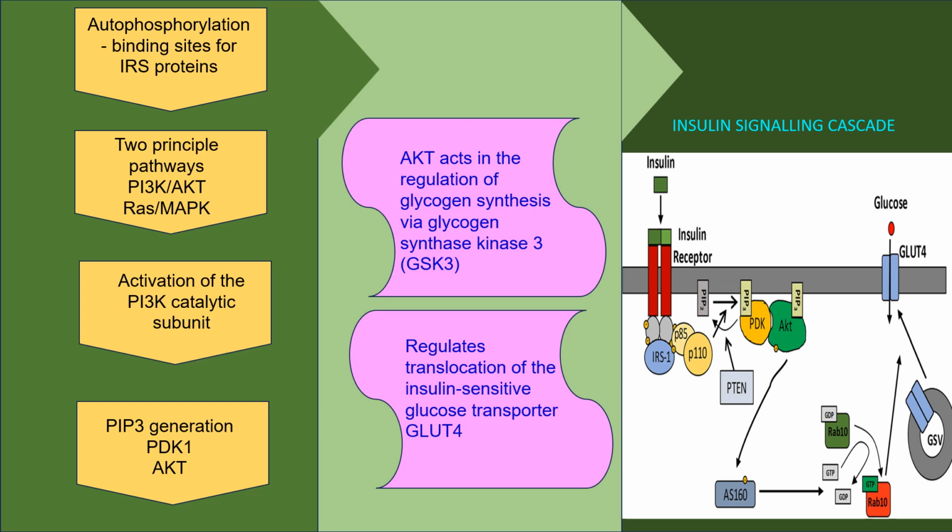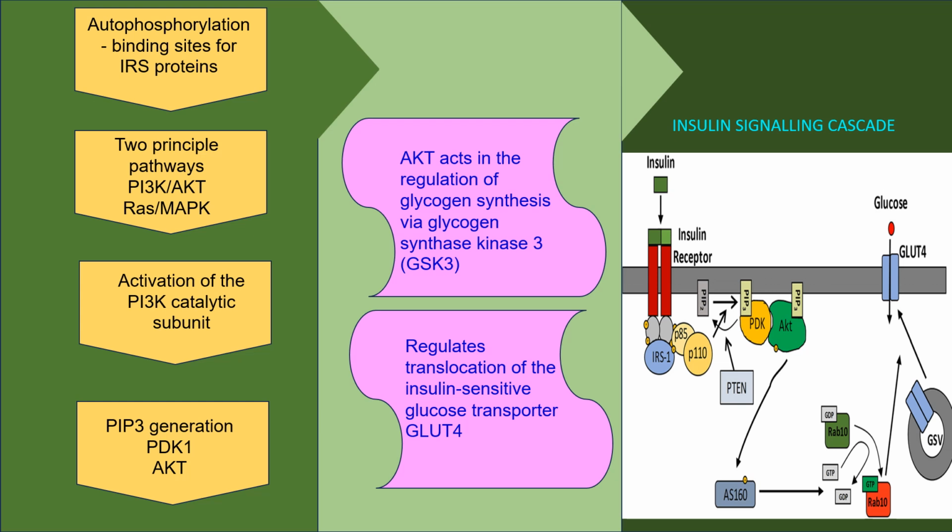This is achieved through the phosphorylation of AS160, a GTPase activating protein that inactivates RAB, a small G protein involved in membrane trafficking, by blocking the exchange of GDP for GTP. The final is the pictorial representation of the insulin signaling cascade.